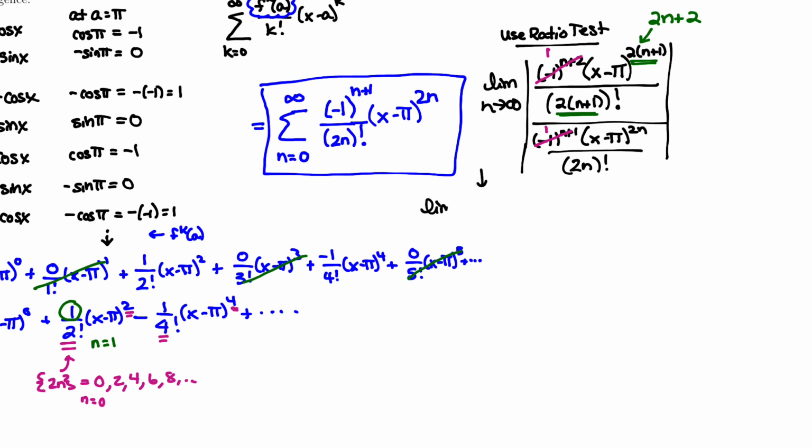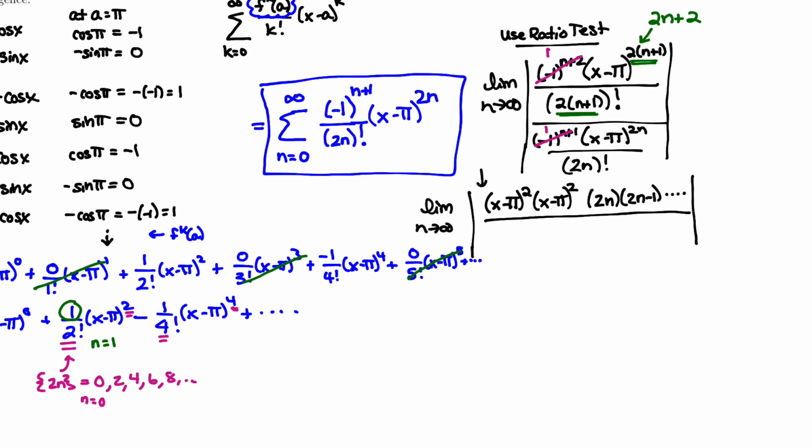That's the limit as n goes to infinity of, on top, I have x minus pi squared, x minus pi to the 2. And when I flip and multiply, I have 2n times 2n minus 1, dot, dot, dot.